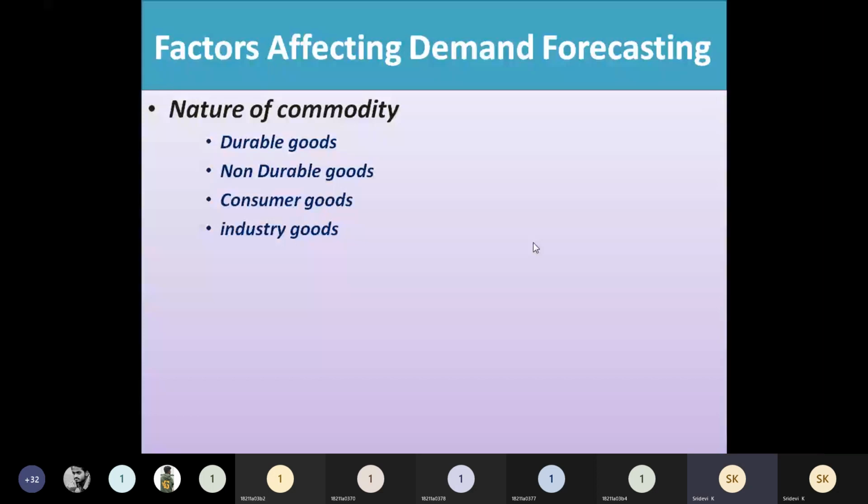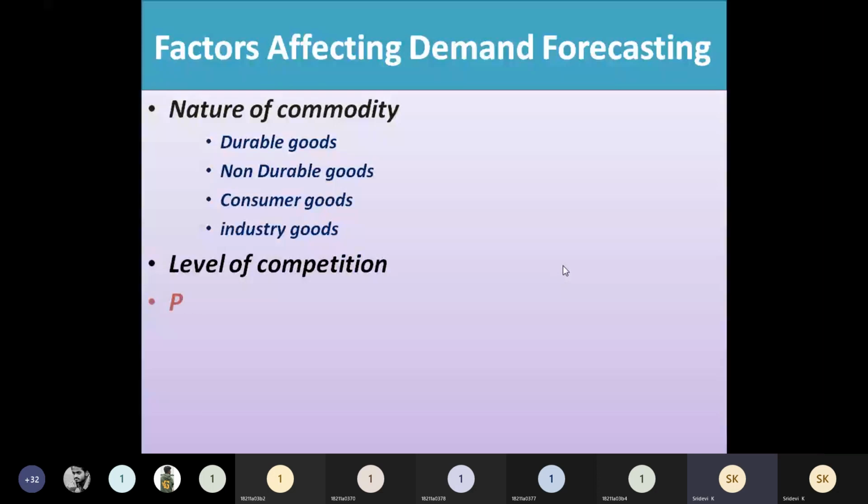So he will not use the product for some other business, which are called as what? Consumer goods. If you purchase as a consumer, and if you use it in any business, such type of products are called as what? Industry goods. So what is the type of good which you are producing? That will also affect this demand forecasting.